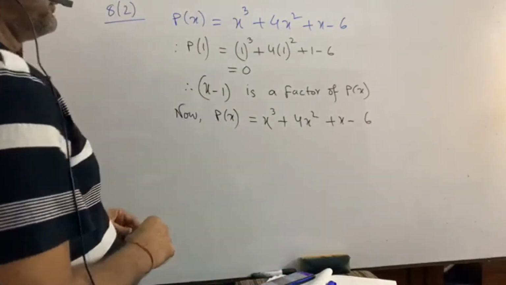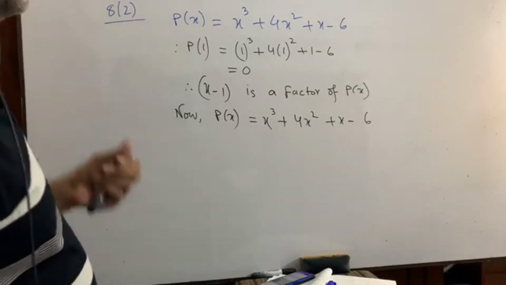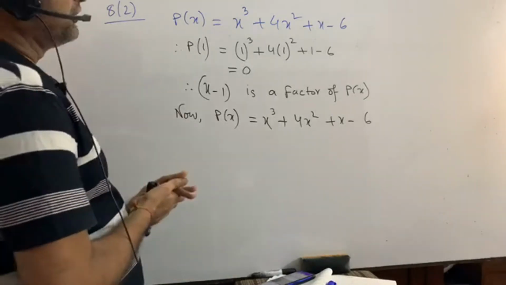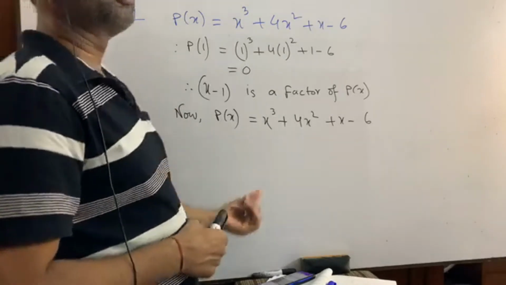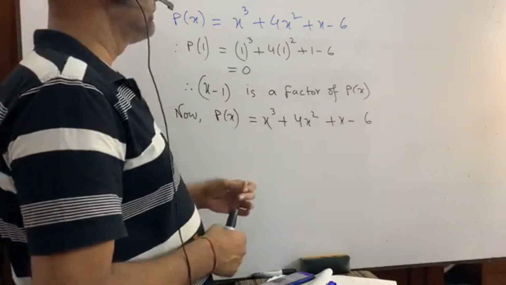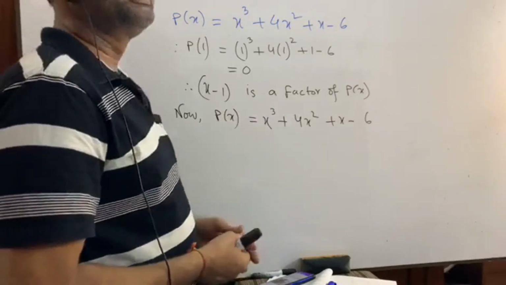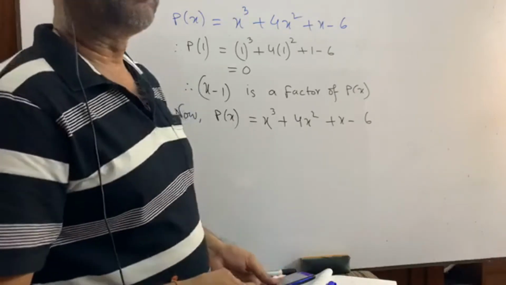Okay, you understand? Now you see what is called degree here. Degree means the highest power of the variable. Here the highest power of the variable is 3. So 3 is called the degree of the polynomial.